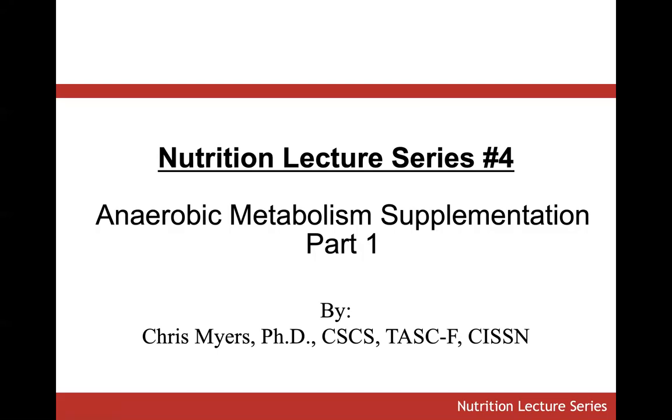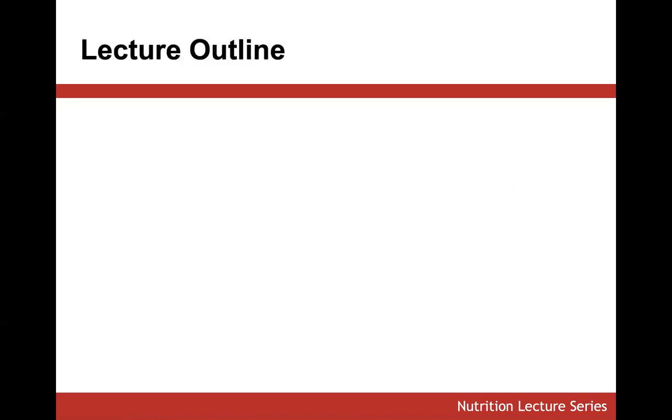We're going to get back into our nutritional lecture series. And in this part four of our series, we're going to talk about how we can supplement our anaerobic metabolism. So we're going to conduct a quick review like we normally do with our lectures.